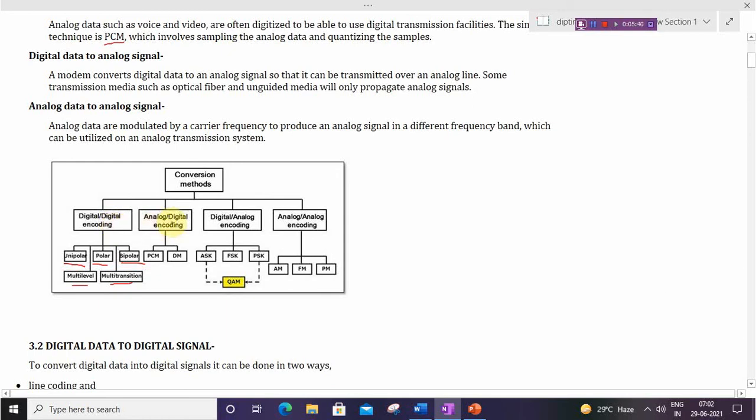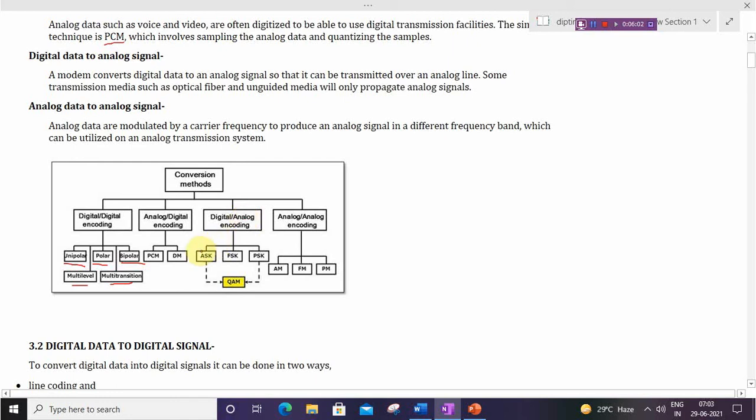Then analog to digital encoding. To convert the analog data to digital signal, we use PCM and DM. Okay. Then next is digital to analog encoding, means from digital data to analog signal.